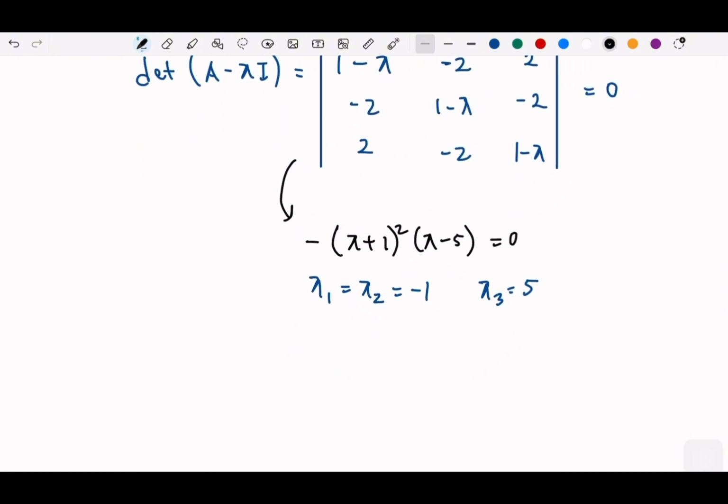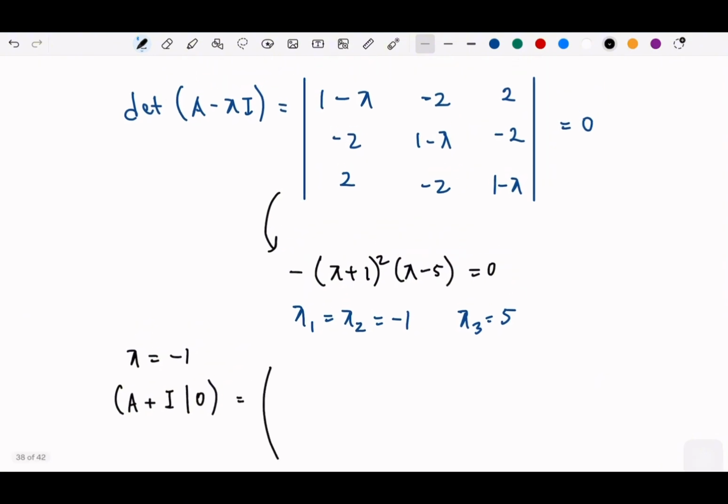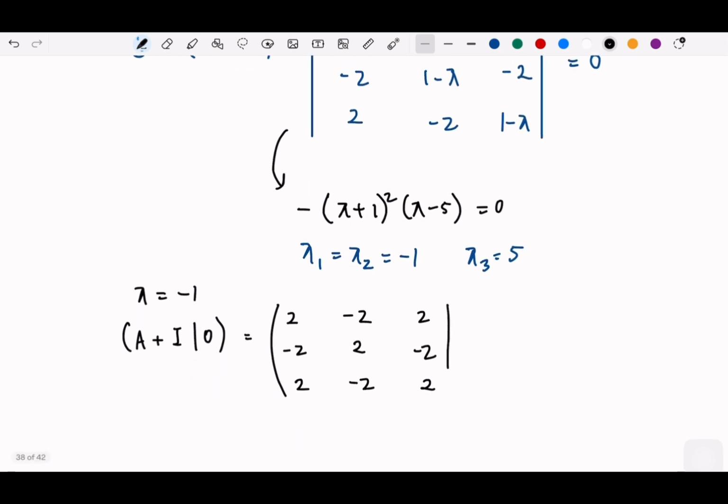Then, as usual, we find the eigenvectors for all of the eigenvalues. So for lambda equal negative 1, we take the row operations, set it to 0. So 1 minus negative 1, so it's 2. I think it's quite easy to solve, right?